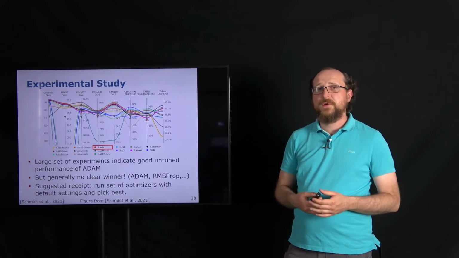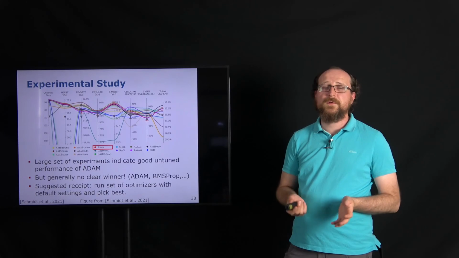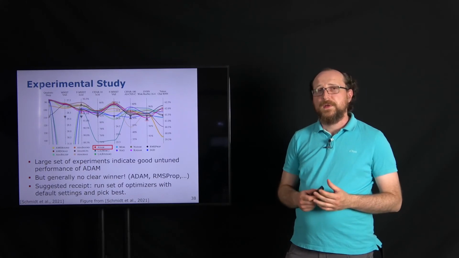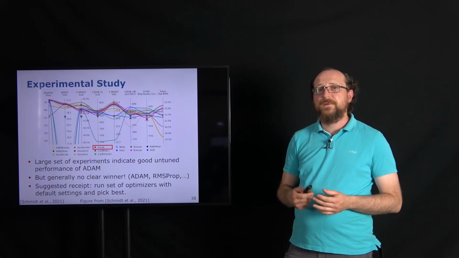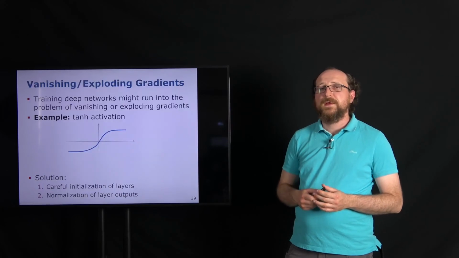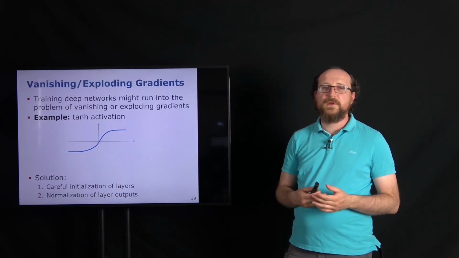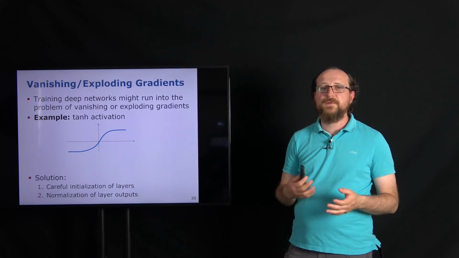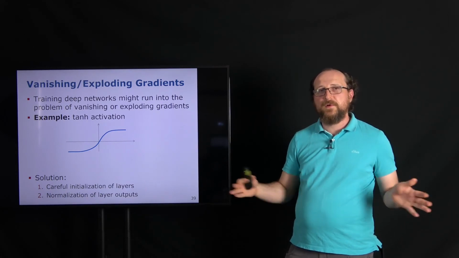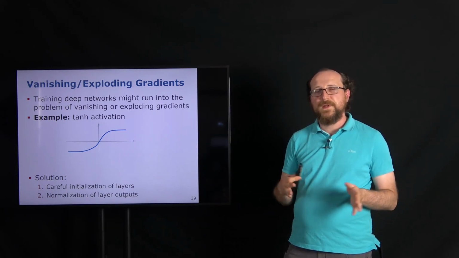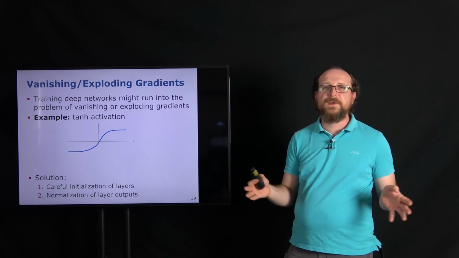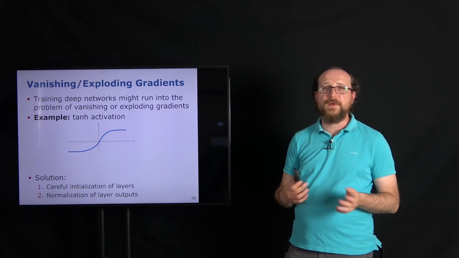When we are talking about optimization, we also have to talk about the gradients. In this case, we have the problem of vanishing and exploding gradients. When we are training deep neural networks with a lot of layers, we also have a lot of multiplications between the gradients in the chain rule.